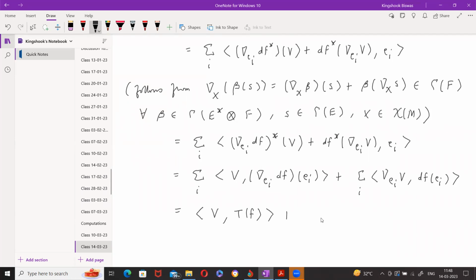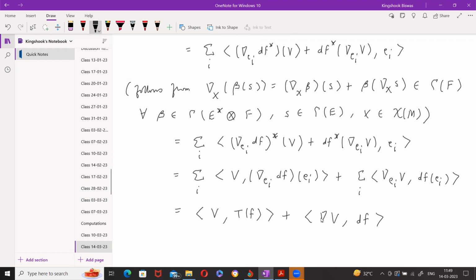And what is the second term? The second term is nothing but the inner product on the bundle of linear maps from TM to F star TN. So this is the inner product between the linear map nabla V and the linear map dF. This is nabla V applied to EI, and this is dF applied to EI.